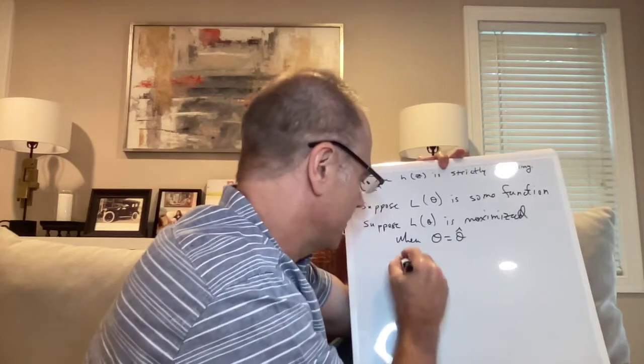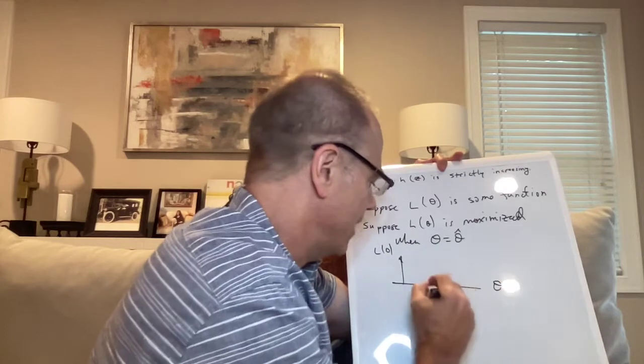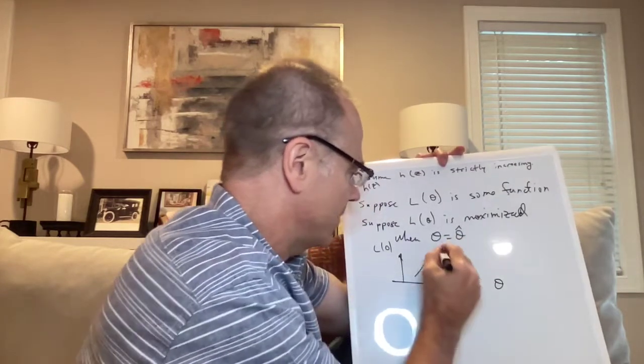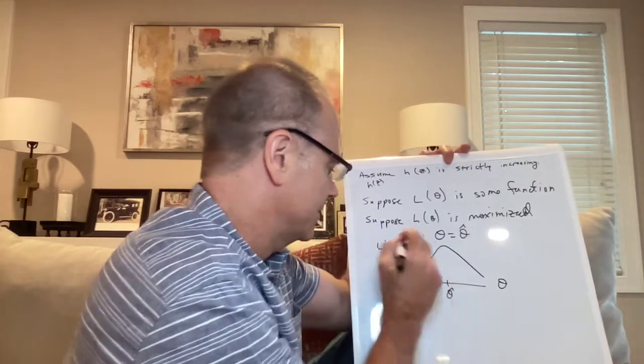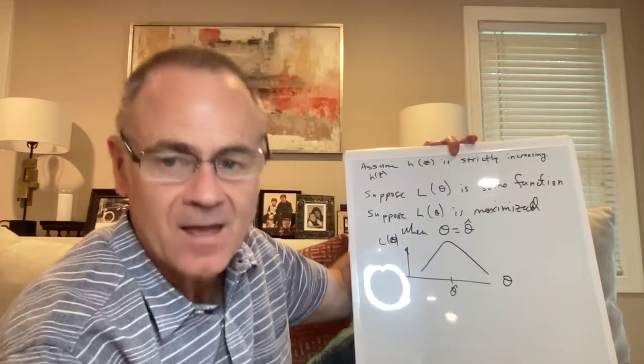So L of theta looks something like that, with theta here and theta hat here. It's maximized when theta equals theta hat.